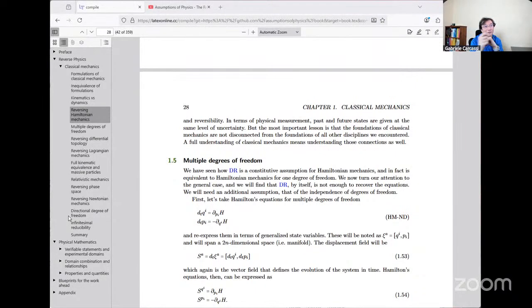You can actually write the Hamiltonian, because the Hamiltonian is going to be just a function of the angular momentum in the direction of the magnetic field. So you don't even need the angle, and you can write it without a problem, even though you are in a space that is not contractible.